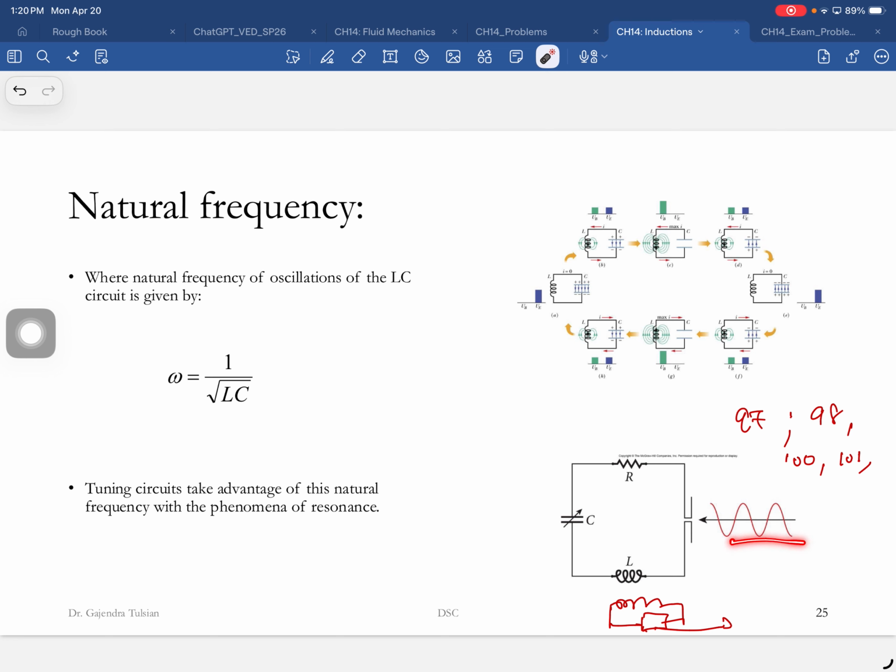You pick up an electromagnetic signal using this tuning circuit, and then couple it to a processing circuit via a mini transformer. Like I said, there are trillions of copies of this circuit everywhere. Your cell phone has that circuit and all that. So tuning circuits take advantage of this natural frequency with the phenomenon of resonance.